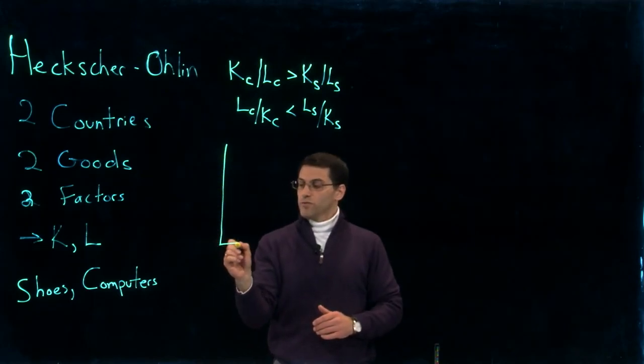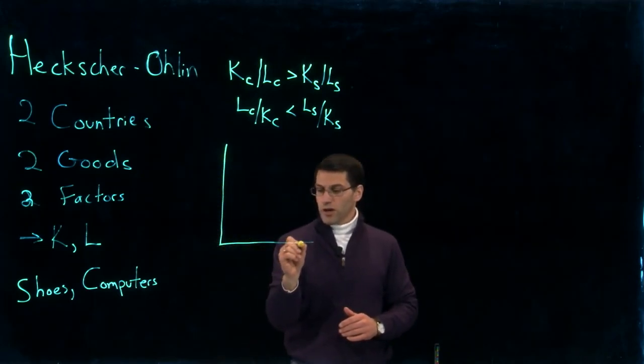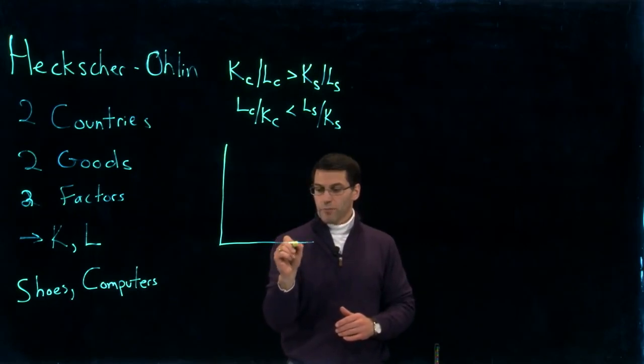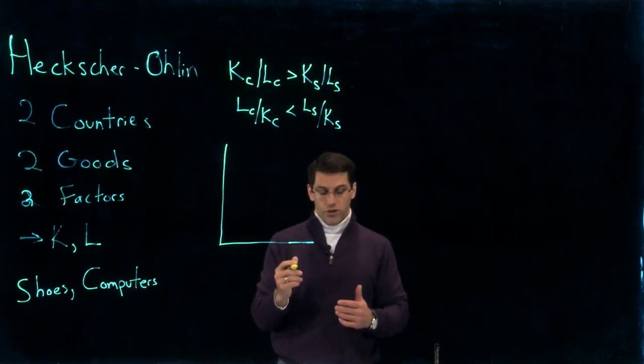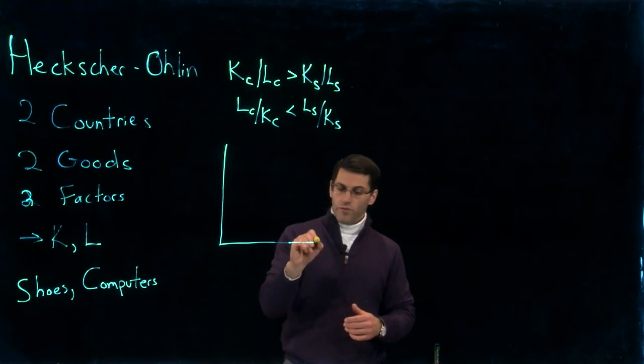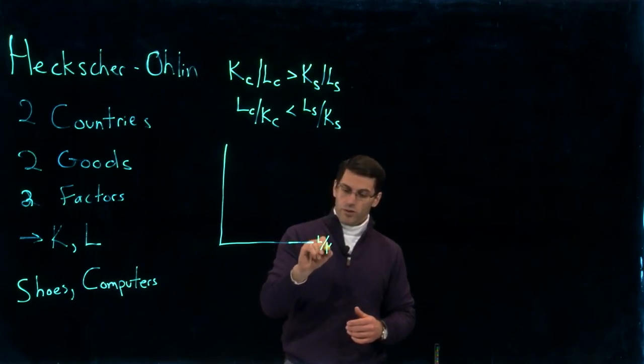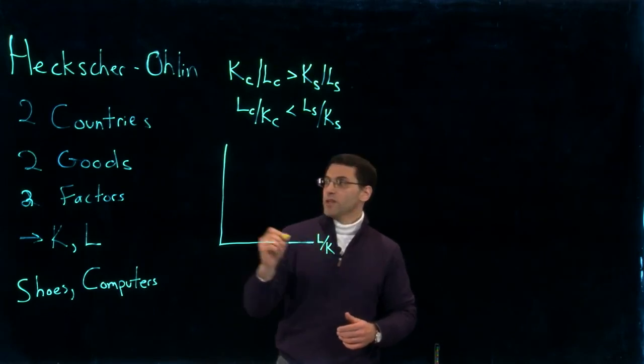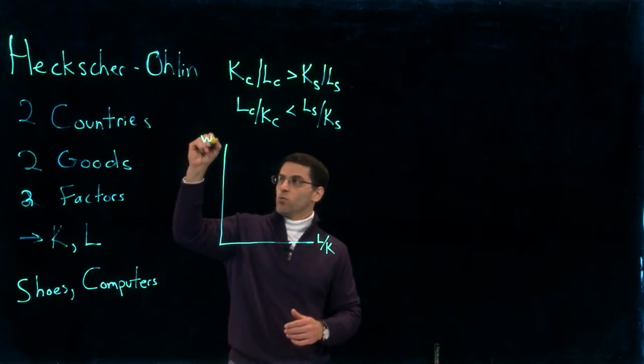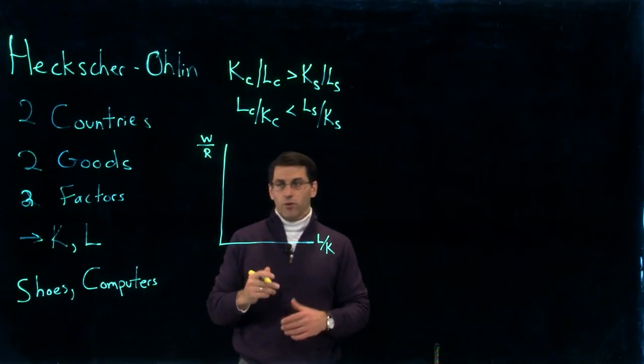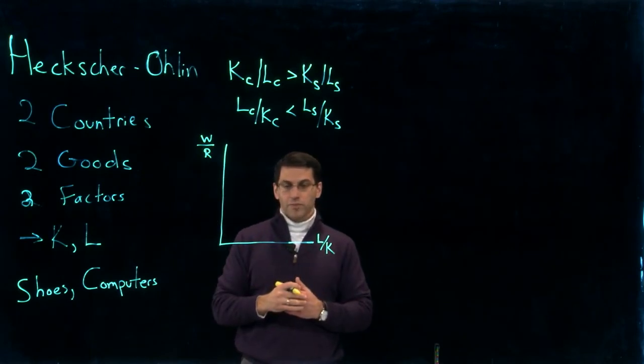Now, graphically, we can illustrate that with the following. And we're going to make use of this graph a little later on when we're showing what happens to the wage to rental rate ratio. So down here we have the labor to capital ratio that's employed, and our y-axis will be the wage to rental rate. R is the rental rate for capital, W is the wage for labor.